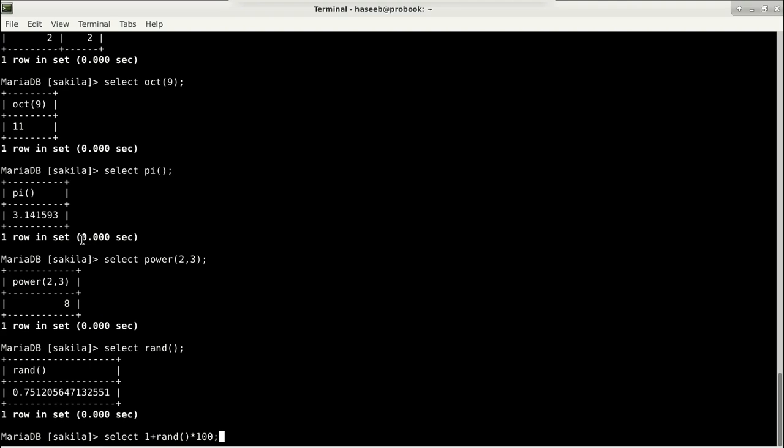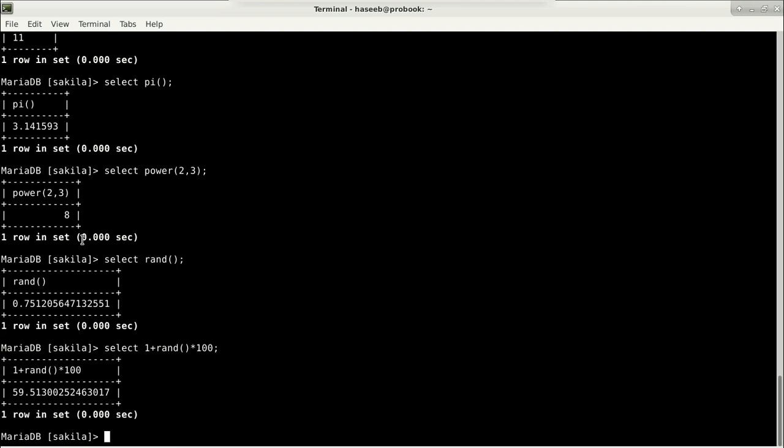So we will get a value between 1 and 100. Every time we call it, we will get a new value. And to get an integer value, you can put all this in an integer function.